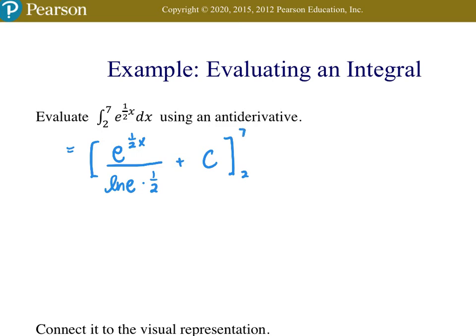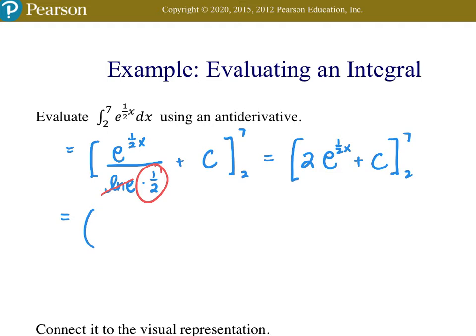Now we know the natural log of e is 1. We also know that dividing by a fraction here is awkward, and so it would be better for us to multiply by the reciprocal. So that would be e to the 1/2 of x times the reciprocal, which is 2, plus c going from 2 to 7.